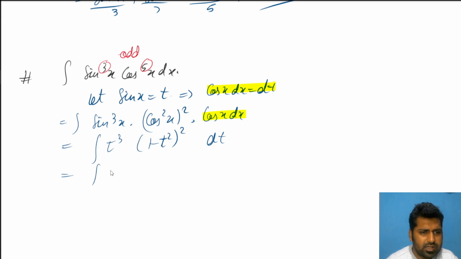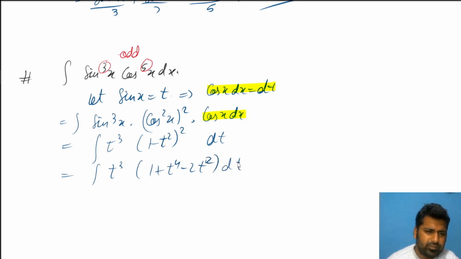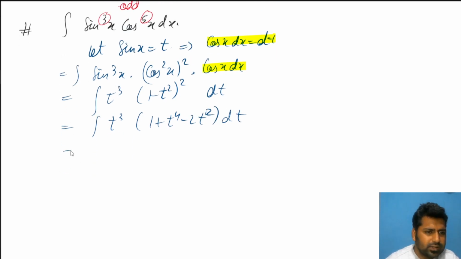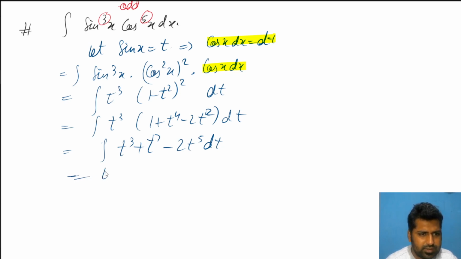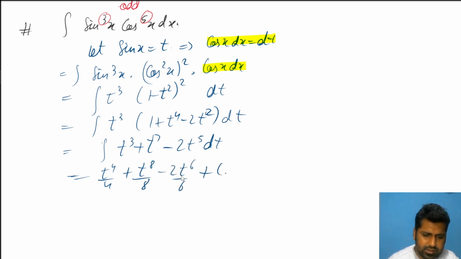So same thing, just now t cube is there. 1 plus t raised to power 4 minus 2t square, a minus b whole square. I'm not going to explain that. This is integration t cube plus t raised to power 7, even higher, minus 2t raised to power 5 dt. So t raised to power 4 by 4, t raised to power 8 by 8 minus 2t raised to power 6 by 6 plus c.